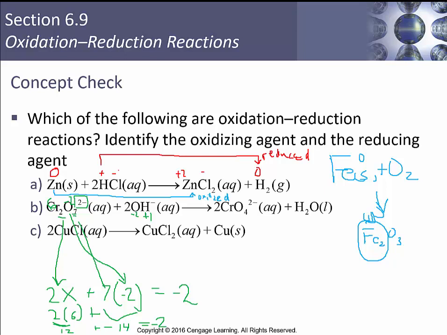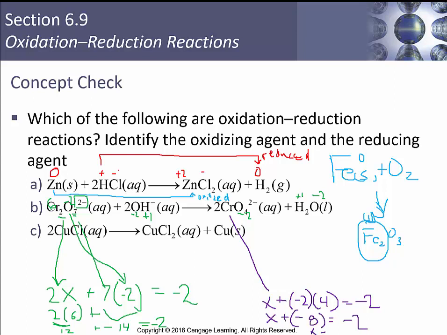Our oxygens in here will be -2, but looking at this chromate, we'll do that as X plus -2 is the charge on oxygen, and we've got 4 of them. And it's going to end up being equal to -2 overall. So our x is going to be equal to +6.